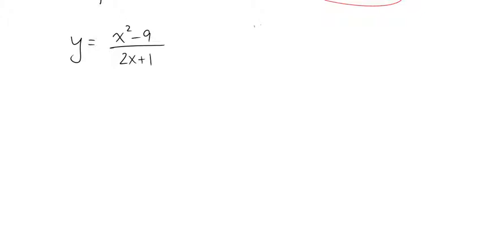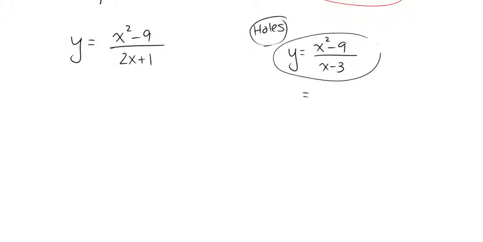Also, holes are not part of this course either, but just letting you know that holes in the graph could occur if, for example, you had something like this. It doesn't necessarily have to be a higher degree on the top; it could be on the bottom too. Say we had this as our rational function, and we wanted to simplify it before we started.